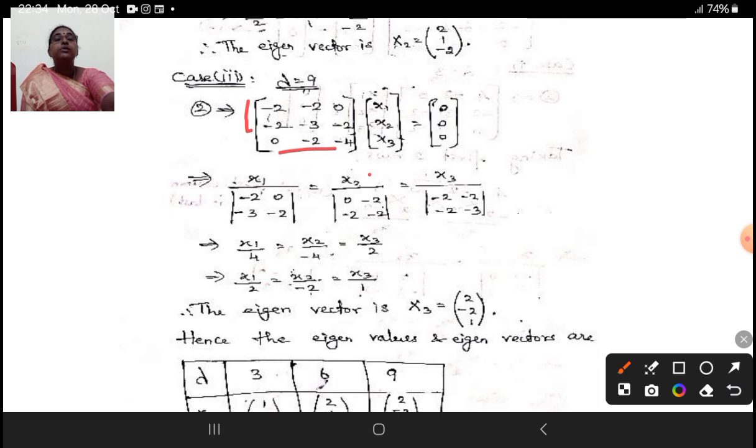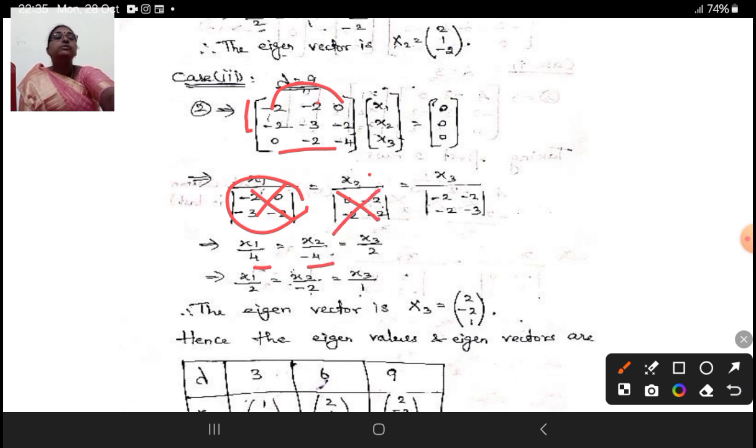In this, for x1 divided by first cross, these two values we can choose: x1 divided by -2, -3, and 0, -2. First cross minus second cross, the answer is 4. Next is x2: these two values you want to choose, 0, -2, -2, -2. First cross minus second cross, the answer is -4.